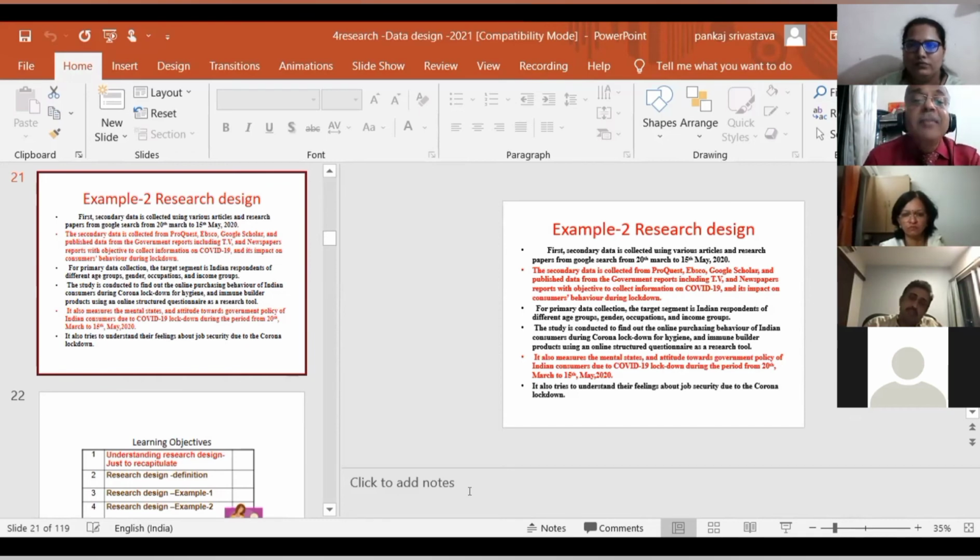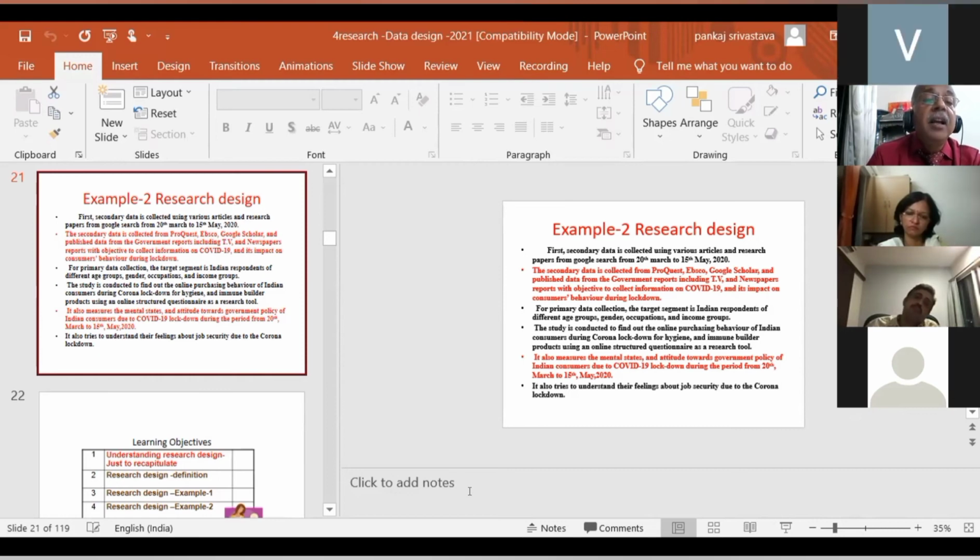So we are describing. Then it also measures the mental state and attitude of the Indian consumer due to COVID-19 lockdown during the period from 20th March to 15th May 2020. It also tries to understand their feeling about job security due to Corona lockdown. This is how the research design is written.